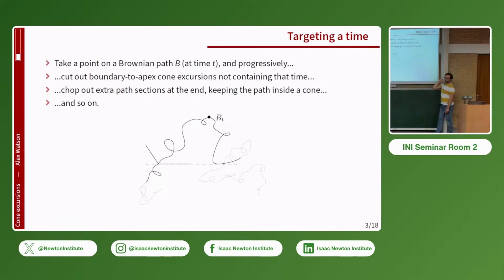Shorten the path on the other side again. And so at every step along this procedure, I've got a cone excursion, a cone path, I don't know if excursion is the right word really, containing the targeted point, the B_t. So this we call the excursion targeting the time t.